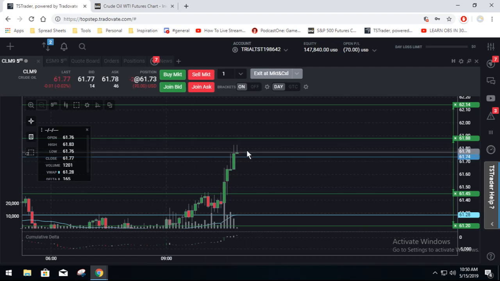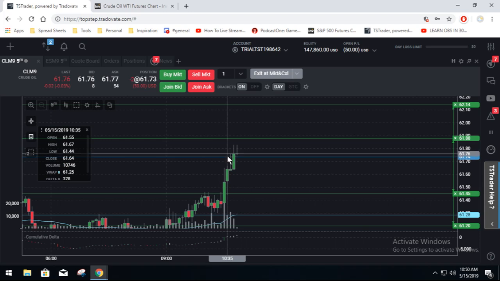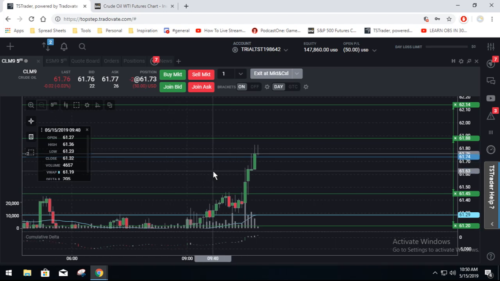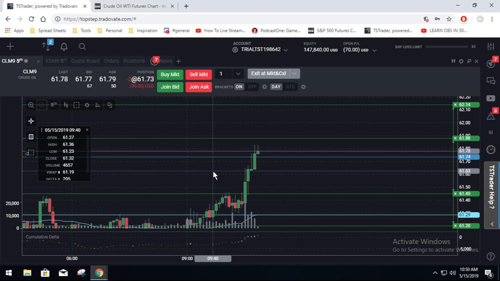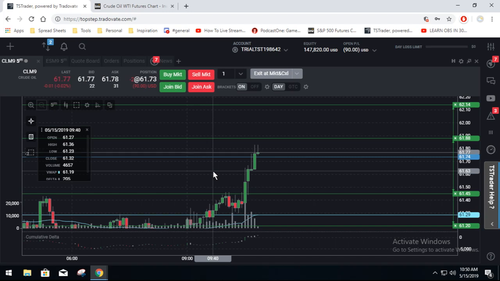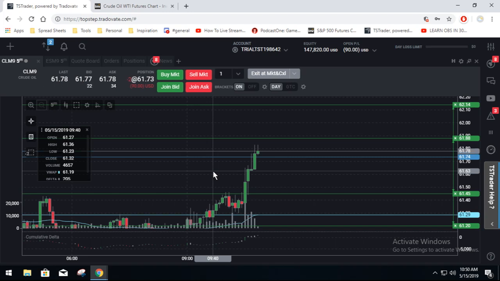The primary entry was built here. We know what would have been at 80s. Lesson learned: be patient. Being patient and not being in a trade, sitting on your hands, is sometimes better than getting into a trade at a bad position.